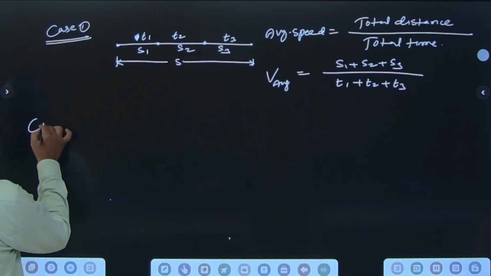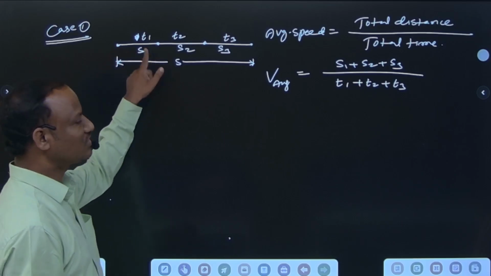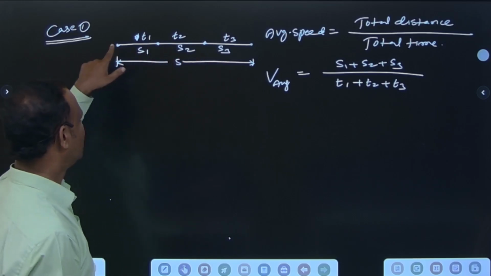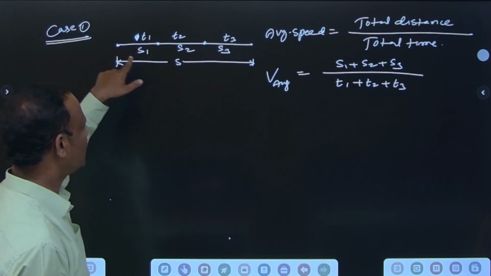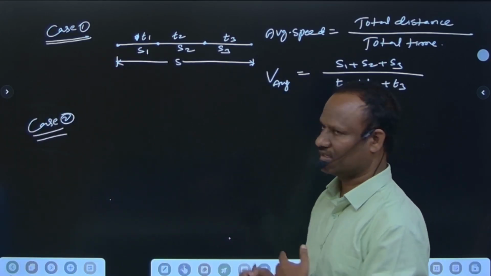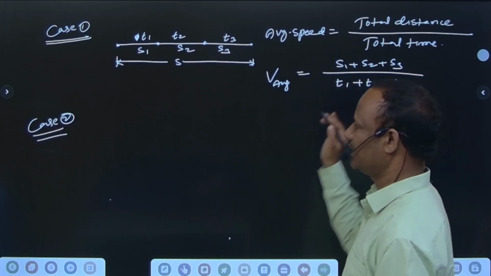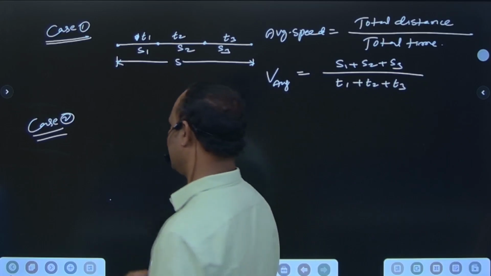Case 2 is when the question is in terms of S and T terminology. Distance traveled will be given and time will be given. We need to check the unit conversion and substitute directly: S1 plus S2 plus S3 by T1 plus T2 plus T3.